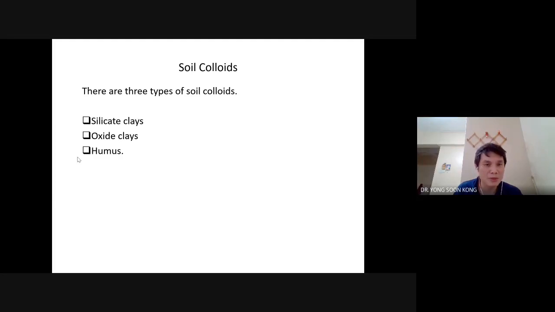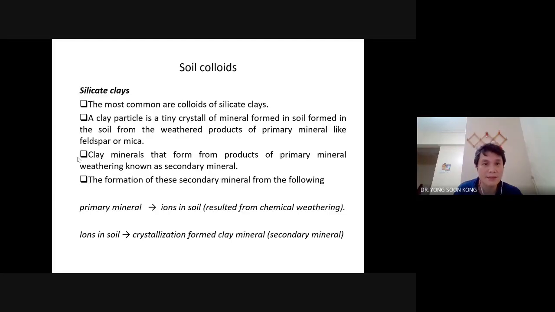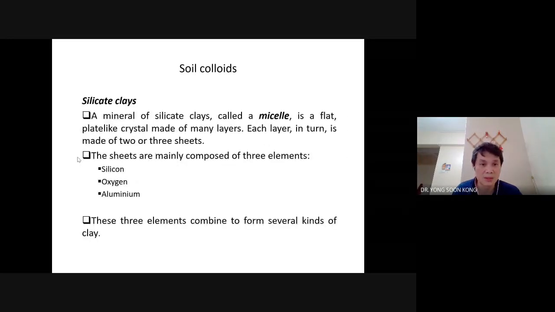Now you're probably not sure what silicate clay looks like. So this is it. Silicate clay, as the name shows, contains silicon, of course. But there are other elements also, and I don't think you are interested in this text, because in order to learn silicate clays, the best way is by looking at the actual structure.